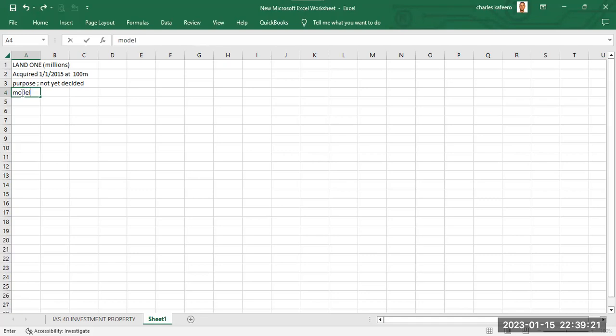The model they used, they told us the model is fair value model. That is the estimated market price.